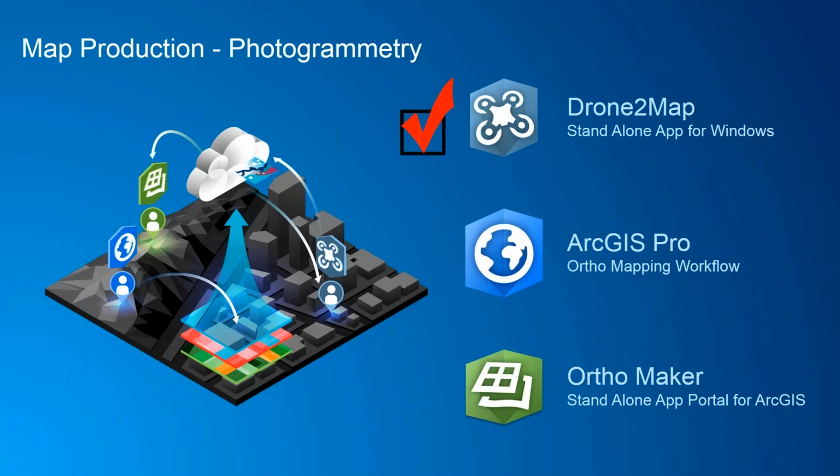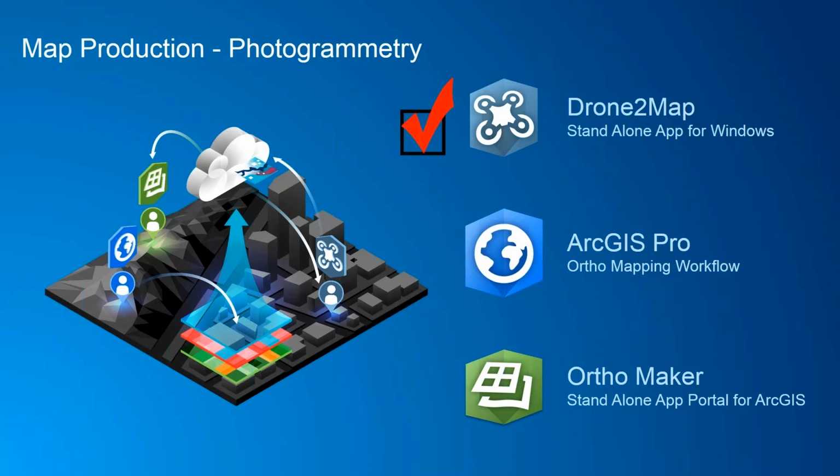But before we go into this, let me point out a few things, because people might have the question of, well, why would I use ArcGIS Pro over Drone2Map, or why do we offer all these different choices? Well, the key thing to understand right now is that ArcGIS Pro and the OrthoMaker do not have the structure from motion capability in it yet.